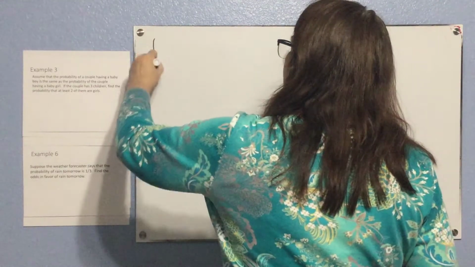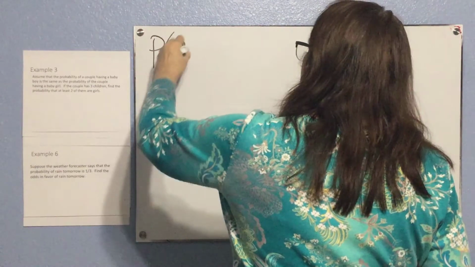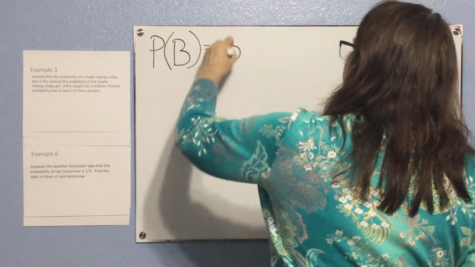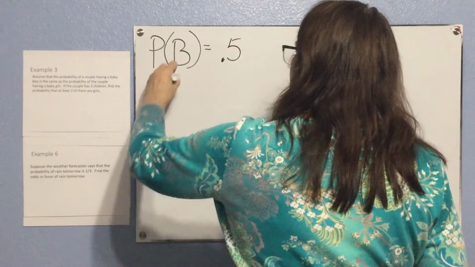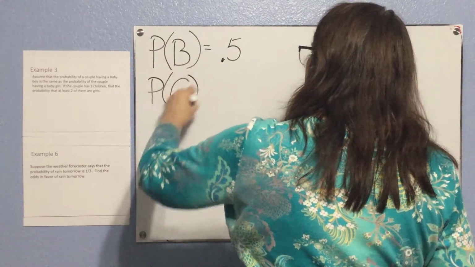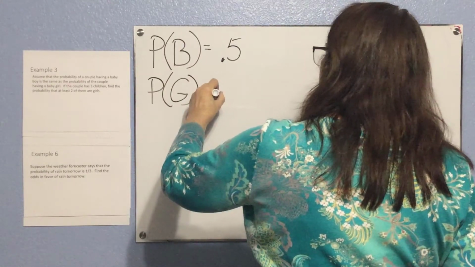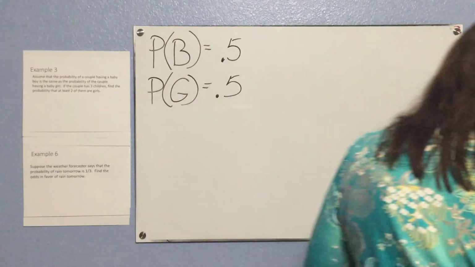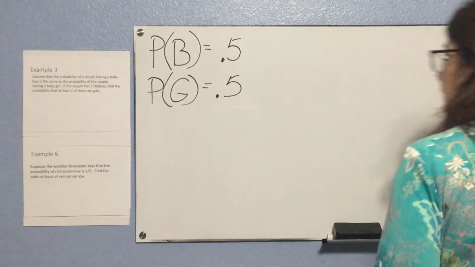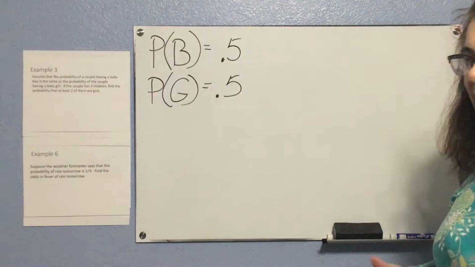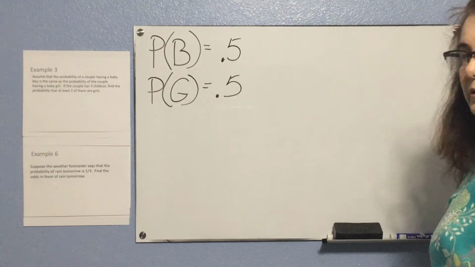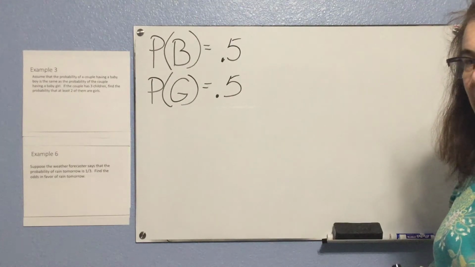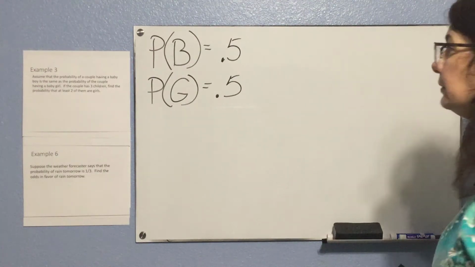So we're going to say that the probability of a boy is 0.5 and the probability of a girl is also 0.5. And then they ask us about what's the probability that at least 2 of the children are girls. So we have to cover a family that has 2 girls and a family that has 3 girls.